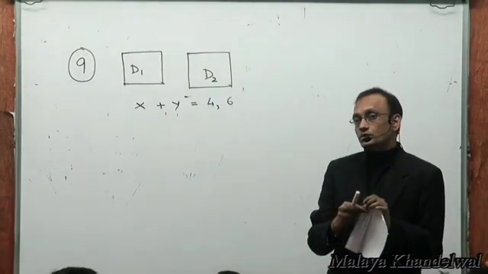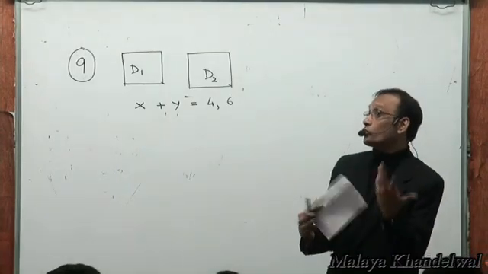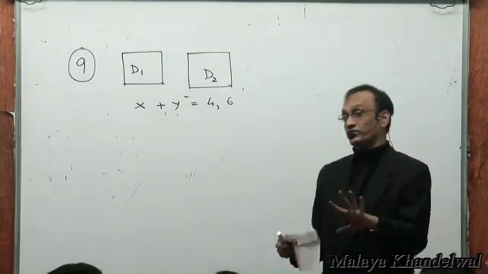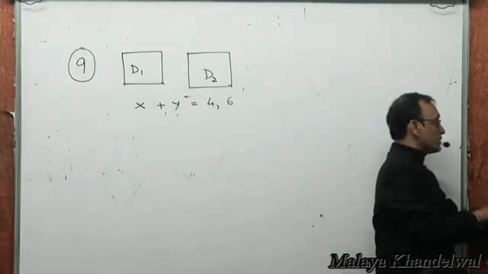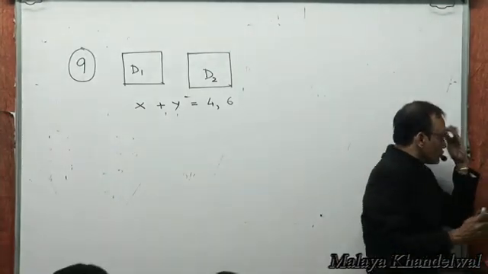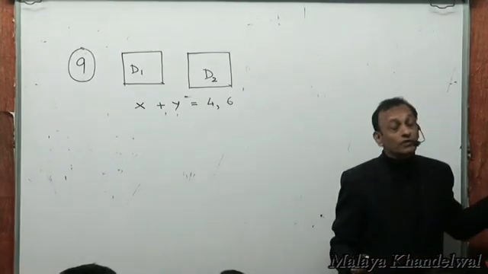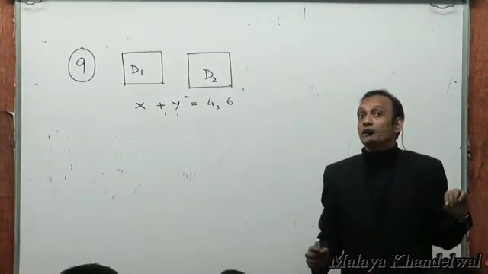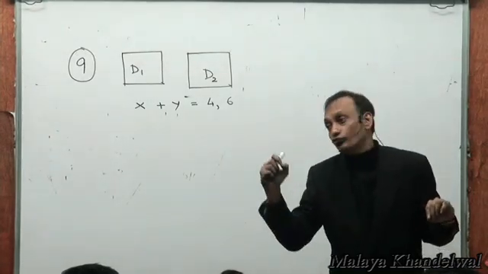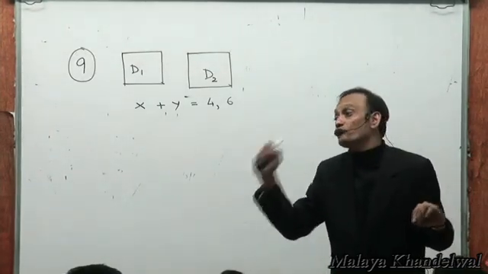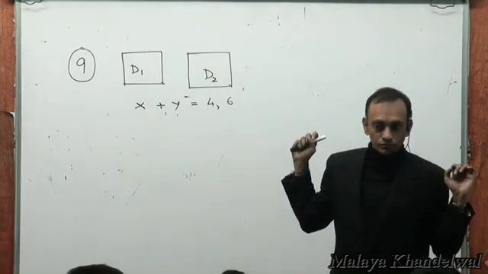That means the rolling terminates without a sum 4 ever occurring. We want to find the probability that sum 6 appears before 4 appears.